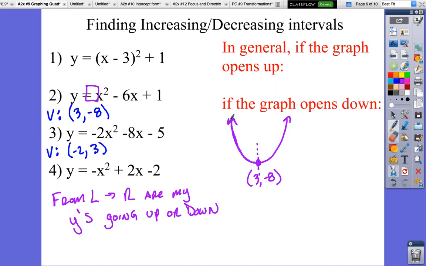Don't pay any attention to this arrow, it means nothing. From here to here, are my Y values going up or are they going down? They're going down. So from the left side, my Y values are decreasing. So left side of H, which in this case is 3, Y's are decreasing.